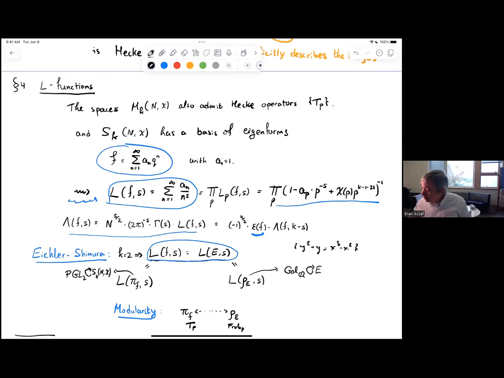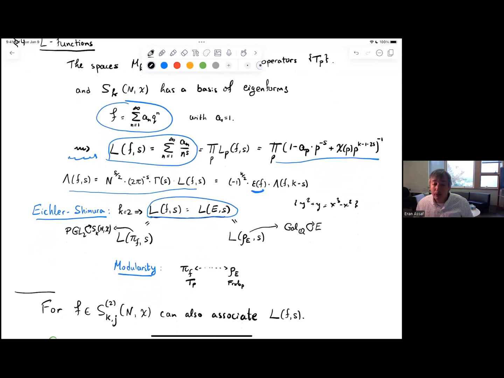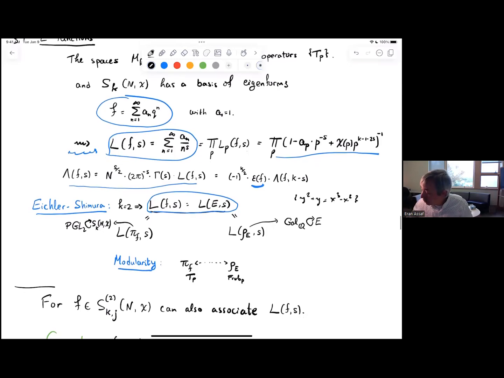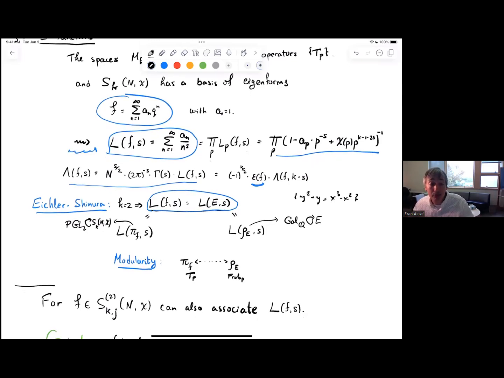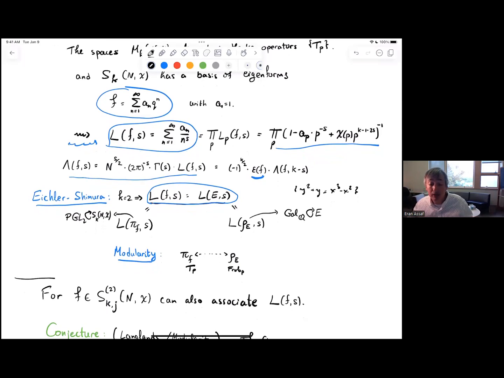Why am I telling you all of this? Well, for Siegel modular forms, in this example of degree 2, we can also associate L functions. The way to do that is slightly less straightforward, and I won't introduce it here. But by looking at the relevant automorphic representation, one can again produce an L function, which can be continued analytically to the entire complex plane.